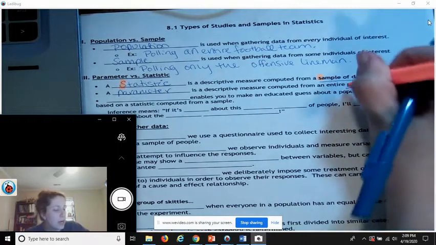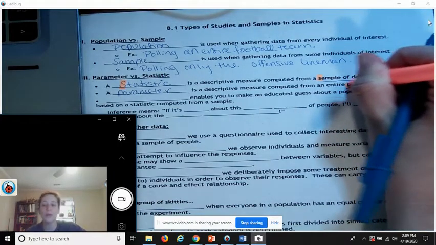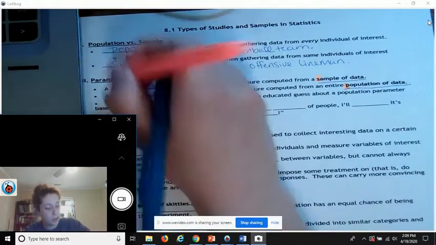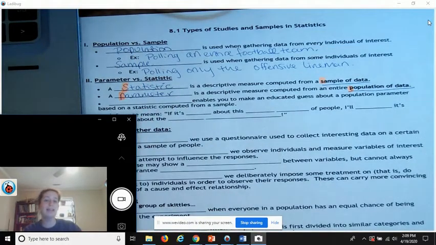So it's rare that we have a parameter where we can get every single person in a population to answer a question. But sometimes we can. And when we do, we call that a parameter. And then a statistic is just from a subset of that population.